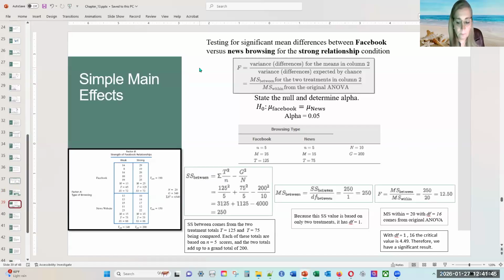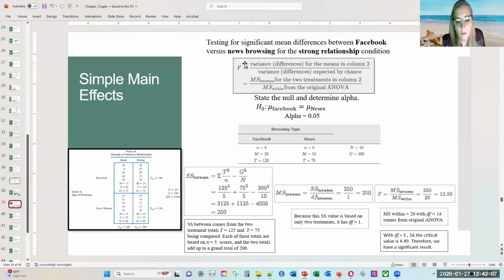All right, so the good news is you've already calculated in the original ANOVA equation the numbers that you need for evaluating the simple main effects. So you can take the formula for the simple main effects and plug in the numbers you've already found, all right?